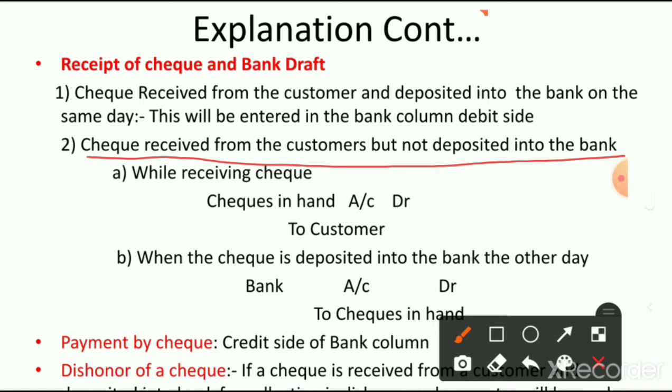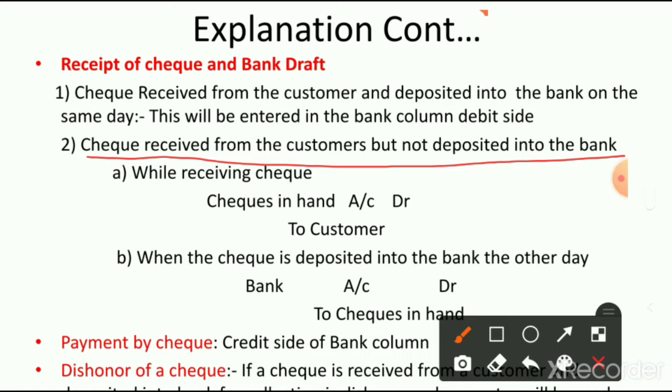So remember, if a check is received and deposited into the bank on the same day, then you can directly enter it in the bank column, debit side, because it is a receipt. If your cash and bank are increasing, then put it on the debit side. If your cash and bank are decreasing, meaning money from your bank is going out, or from your cash position money is going out, then you have to write on the credit side.